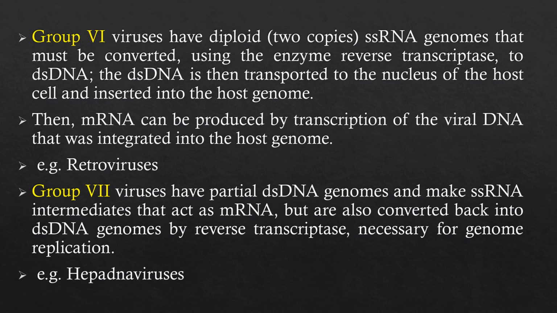Example, retroviruses. Group 7 viruses have partially double-stranded DNA genomes and make single-stranded RNA intermediates that act as mRNA, but are also converted back into double-stranded DNA genomes by reverse transcriptase, necessary for genome replication. Example, hepadnavirus. Thank you for your patience in listening.